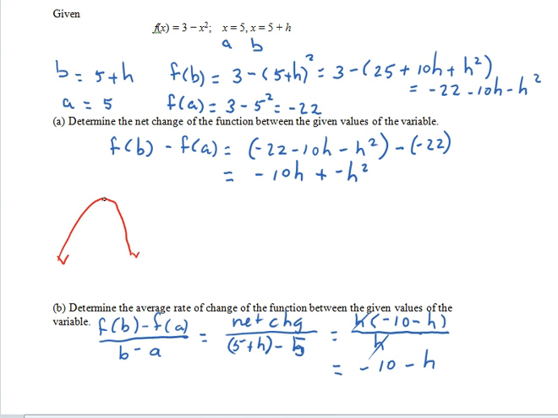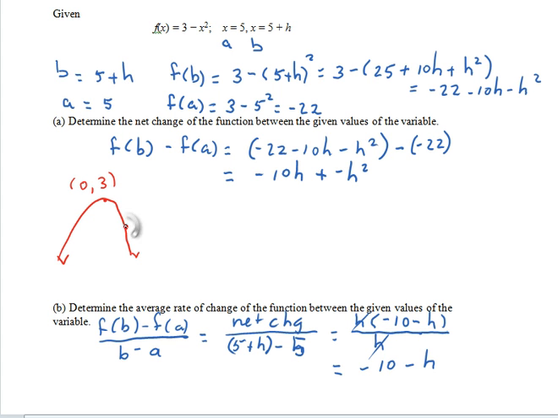The vertex would be 0, 3. But both of the values, 5 and 5 plus h, will be to the right of 0, 3 if h is positive, which we will assume it is.